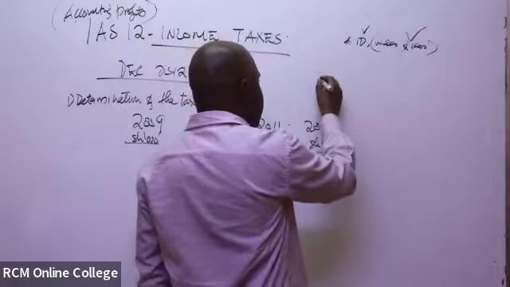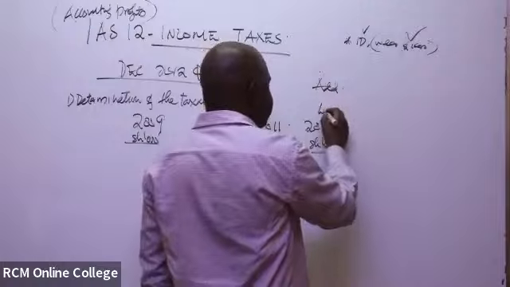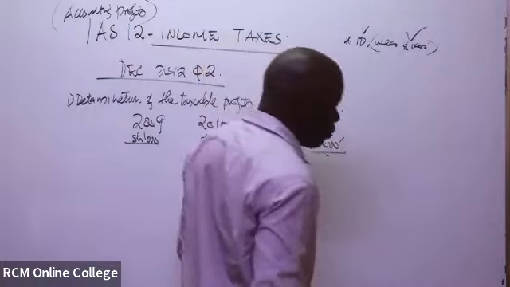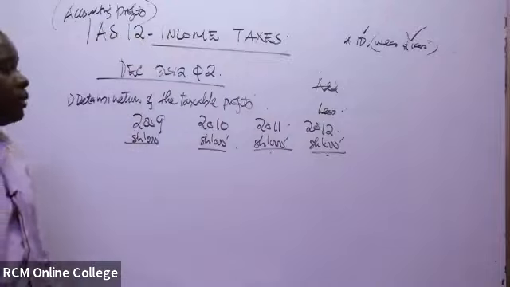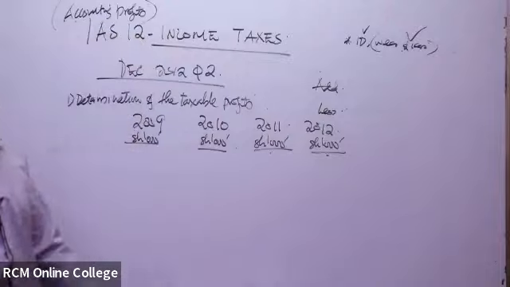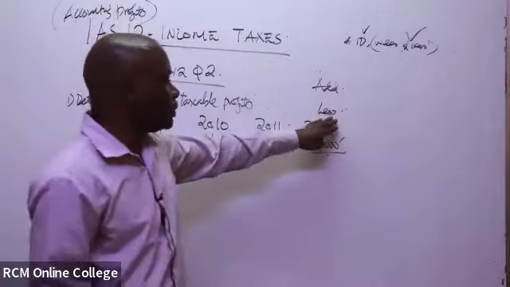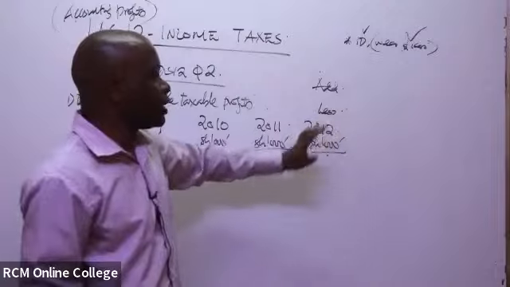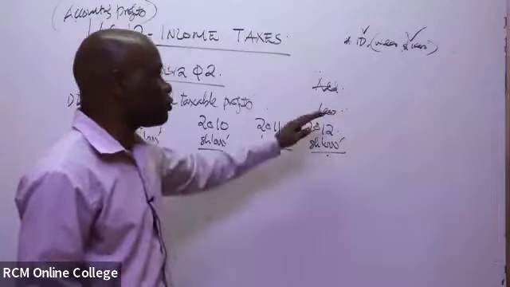Then you add back disallowable expenses, then you less disallowable incomes. There are also incomes that the taxman won't consider as part of what is supposed to be taxed, so you have to less them because they increase the profit. The expenses that you are not allowed reduce the profit, so you have to add them back.